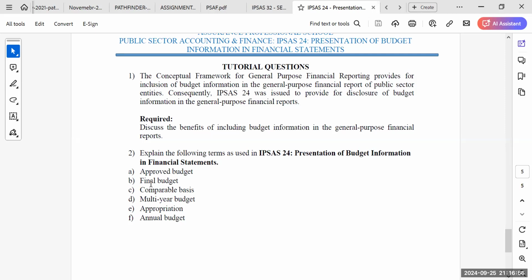Let's come to the multi-year budget. What do we call a multi-year budget? Okay, well, is that the budget that has been approved for more than one year? Okay. So like you said, when they approve it, it's approved once for the years to come.